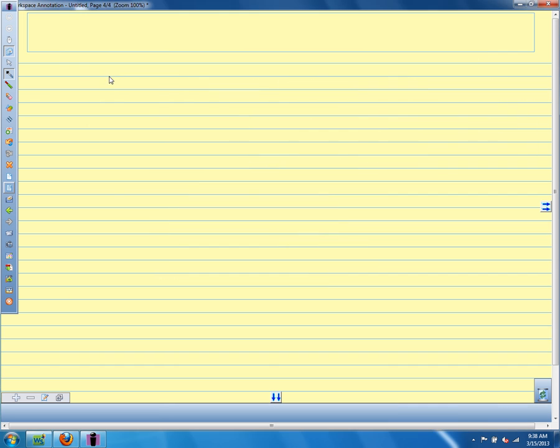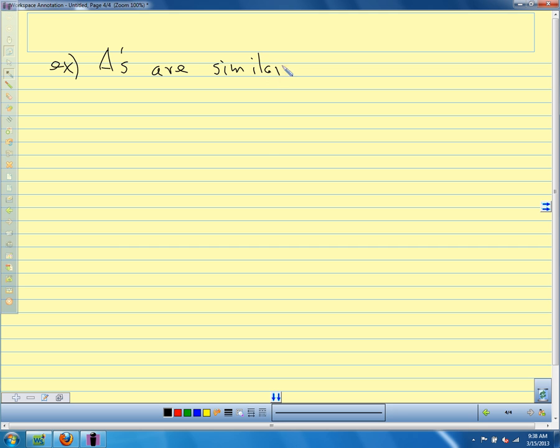All right, so for these examples, we know that the triangles are similar. We want to find x. So for the first one, our triangles look like this.